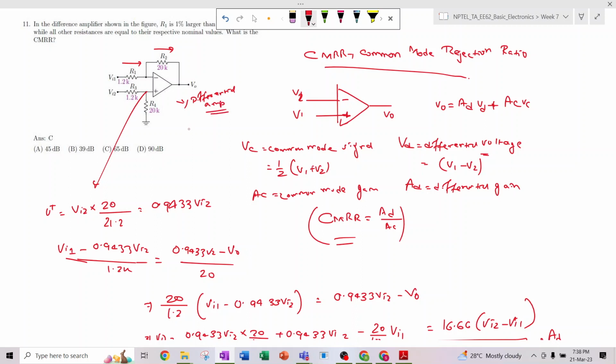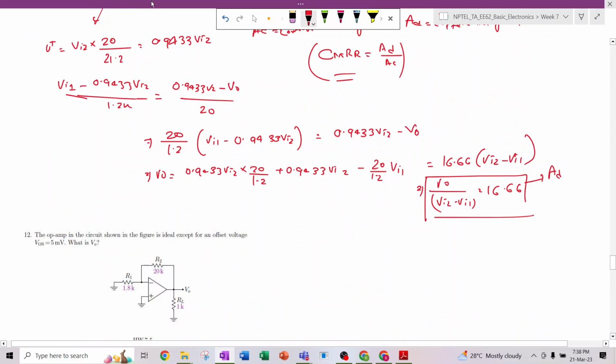In the case of a differential amplifier, we have already discussed the gain will be R4 by R3, or equal to R2 by R1. By this we can also easily determine it. So 20 divided by 1.2 is 16.667, right? So it is the same thing that we are getting. Okay, so this is the differential mode gain.